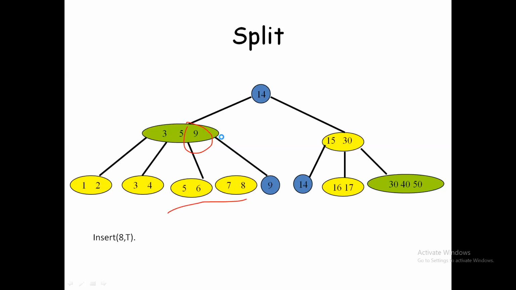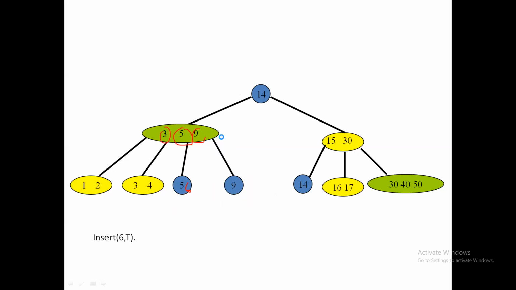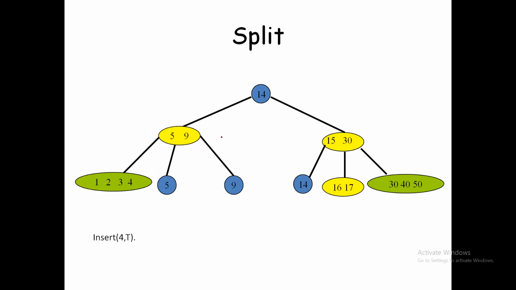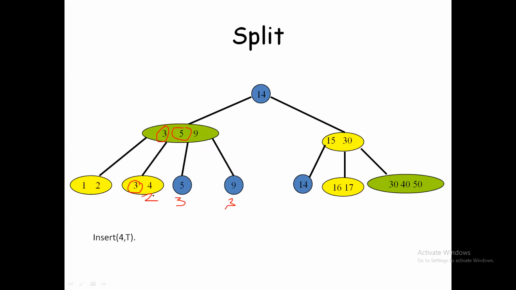I did like this previously when inserting. I'll show, go back to the slide. When I was inserting 4 here, I split the node, and automatically 3 became the key of the ancestor. Like that, when I split a particular node, one of the elements should be moved to the ancestor.